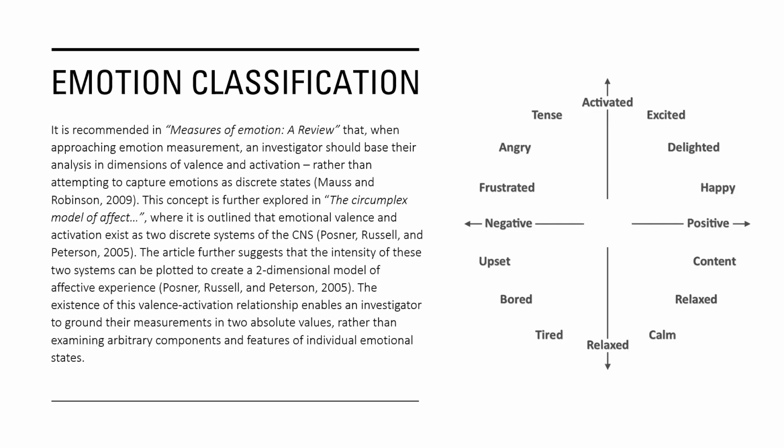So, you know, happy or sad. This concept is further explored in the circumplex model of affect, where it is outlined that emotional valence and activation exist as two discrete systems of the central nervous system. The article further suggests that the intensity of these two systems can be plotted to create a dimensional model of affective experience.